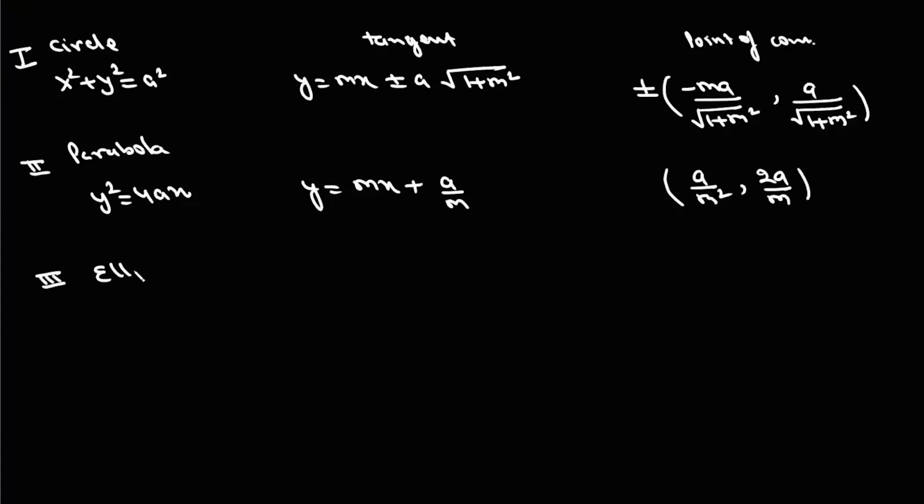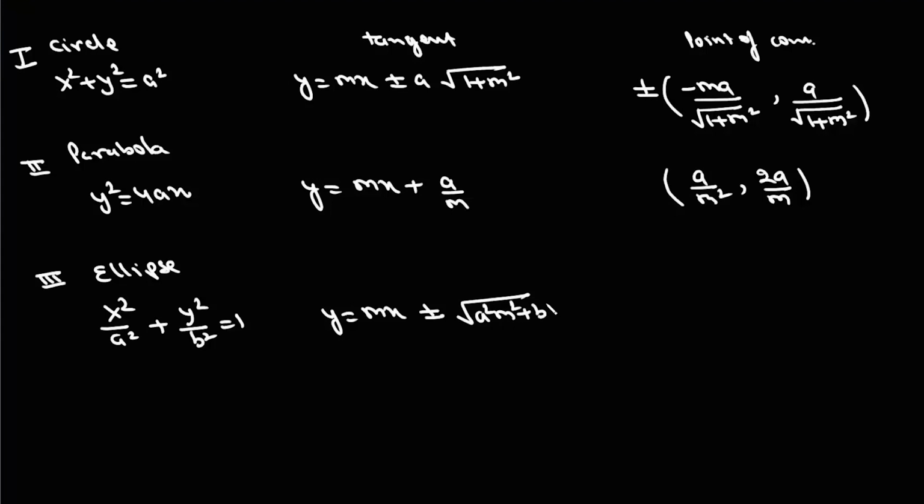For an ellipse, x square upon a square plus y square upon b square equals 1, equation of tangent is y equals mx plus minus under root a square m square plus b square, and here point of contact is plus minus a square m upon under root of a square m square plus b square comma minus b square upon under root of a square m square plus b square.